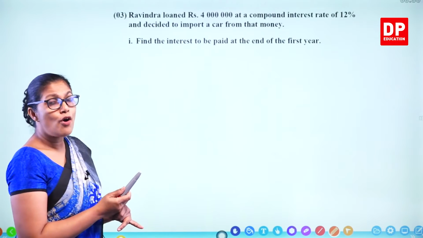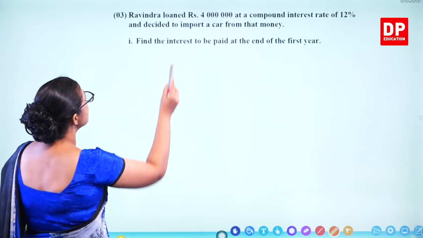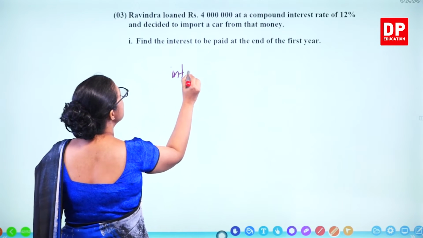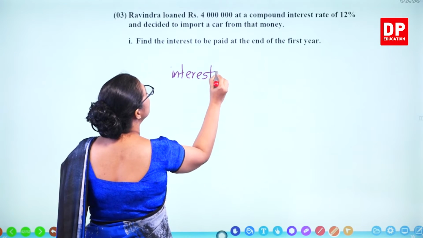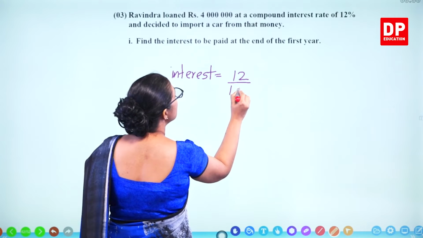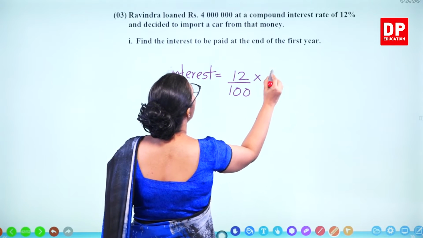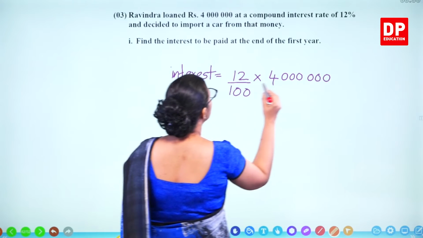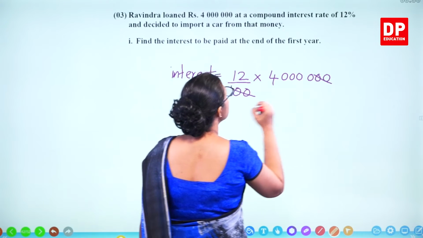So this is compound interest. So what's the interest? Just the interest we need. Interest is 12% of 4 million. 2 zeros get cancelled out.